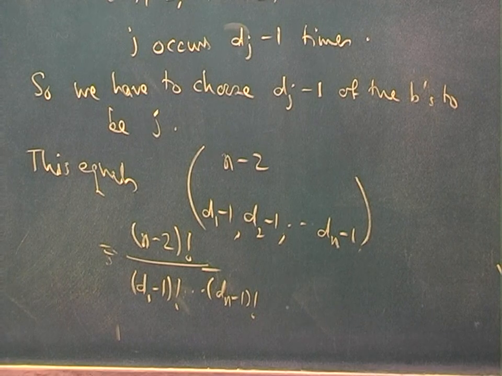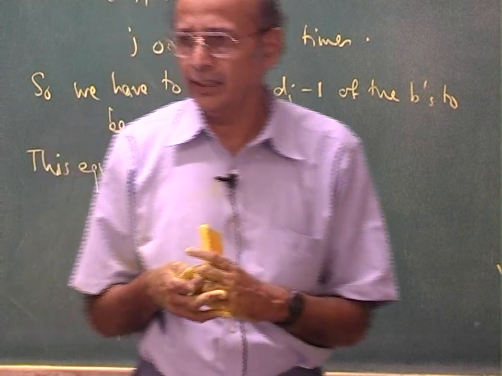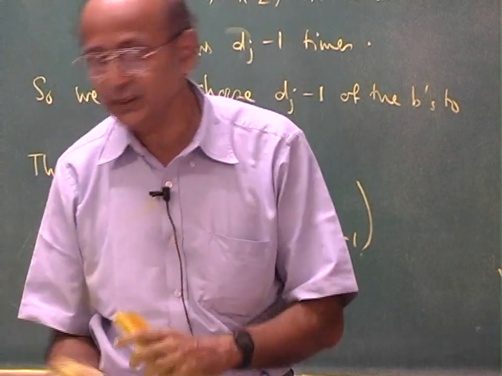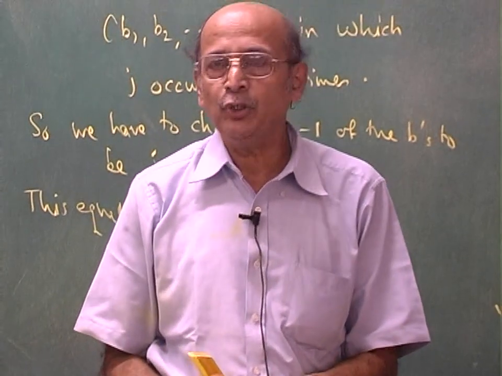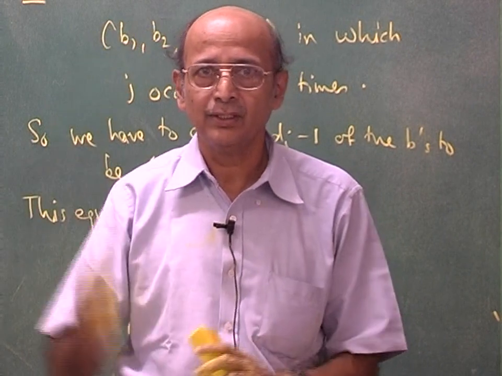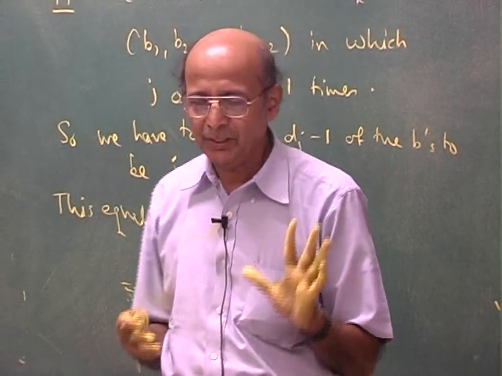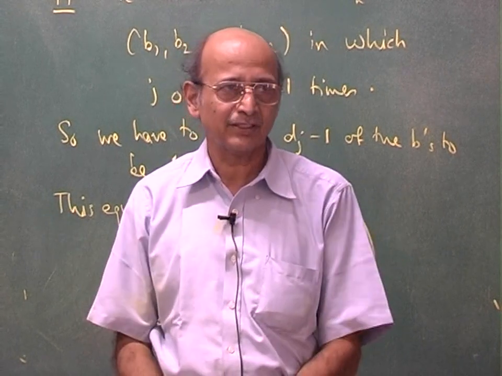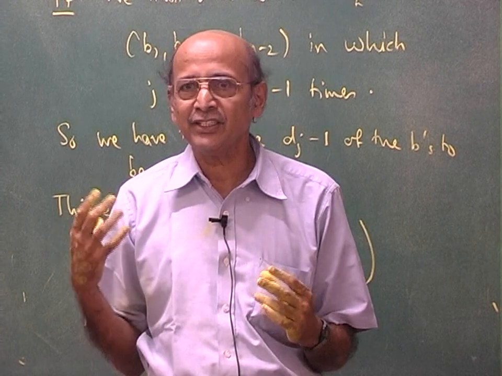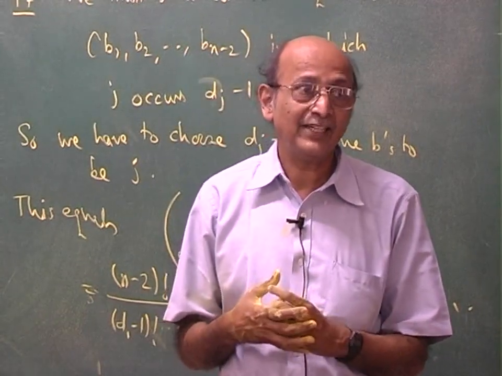This has quite nice consequences. One of the consequences, for example, is I want to find out, I know that there are n raised to n minus 2 label trees. I have as many as n raised to n minus 2 total number of trees. Out of these, how many have j as a leaf?